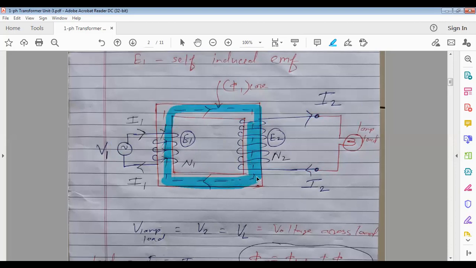That's why a transformer is a static device. It transmits electrical energy from primary to secondary with the change in voltage and current, but supply frequency remains constant.